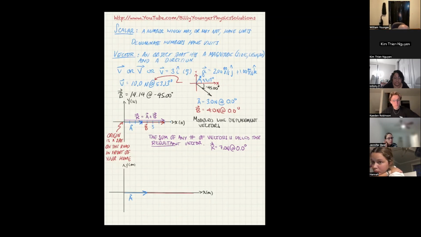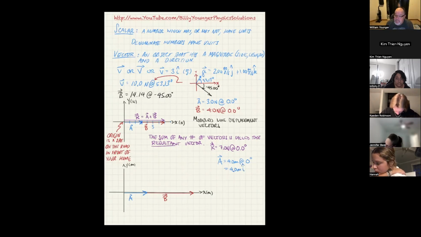And that vector will be B. And in this scenario, A is equal to 4.0 meters at 0 degrees, which I could also write as 4.0 meters i hat.